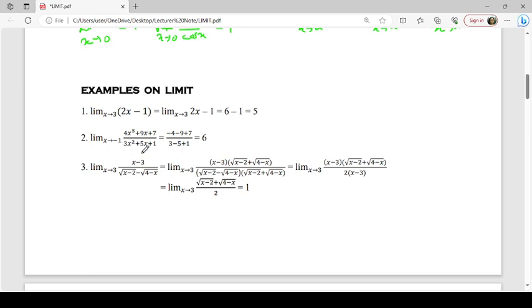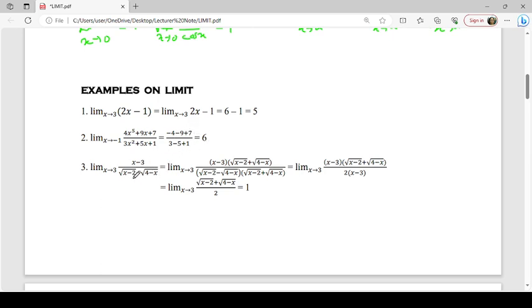Then x tends to minus 1, the denominator is non-zero, so directly we write the values. So this limit is 3 plus 1 minus 5, which is minus 1, this is minus 6, so it is 6.